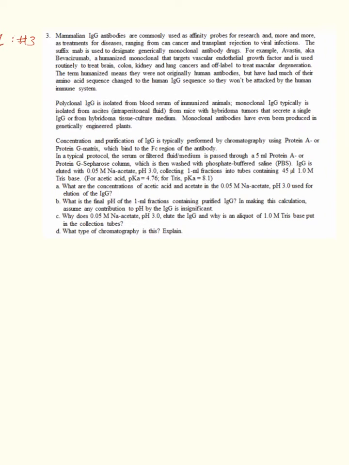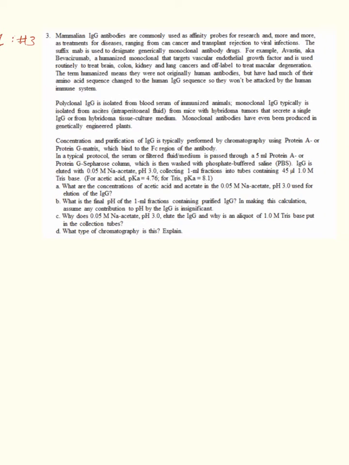And they're basically used as medical treatments for disease, targeting different diseases. It talks about their origin, how they're derived, and then, skipping all of the minute details, we are going through the process of isolating and purifying IgG from serum, okay?